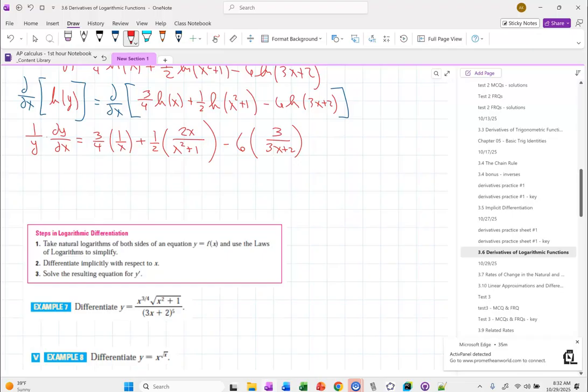So now we can multiply both sides by y to get the dy dx by itself. And I'm going to do some cleanup here.